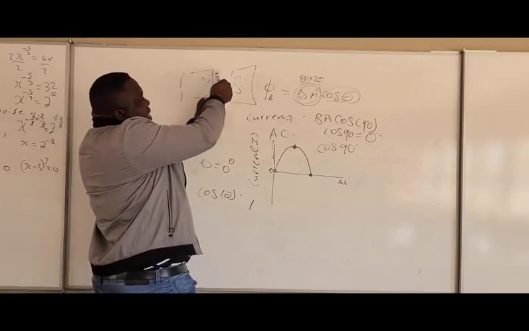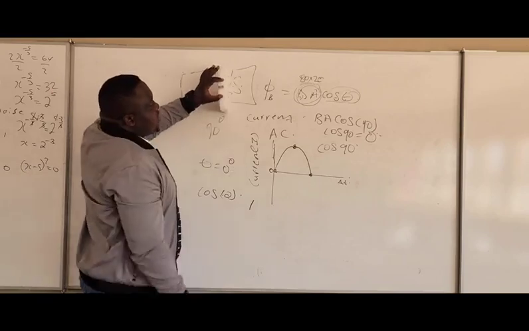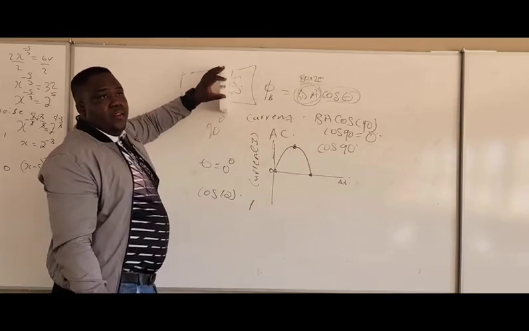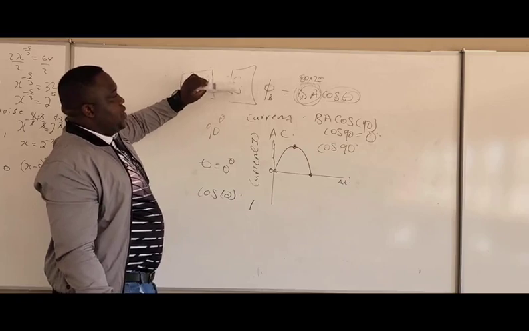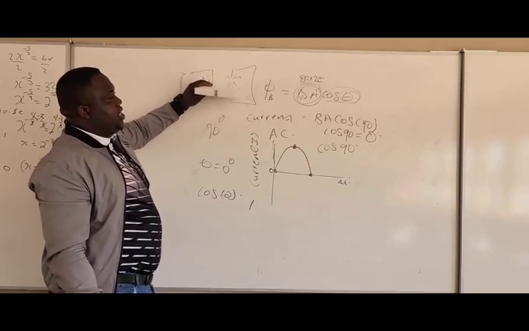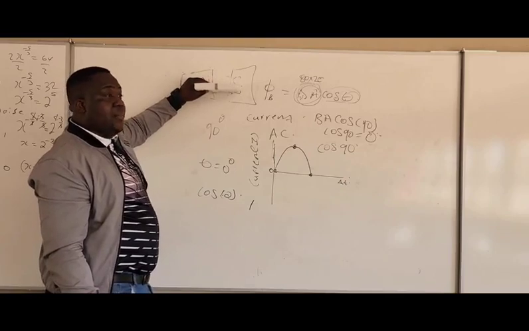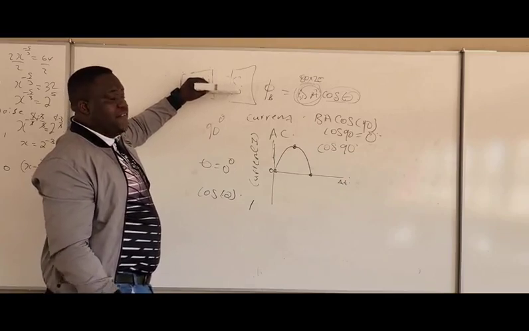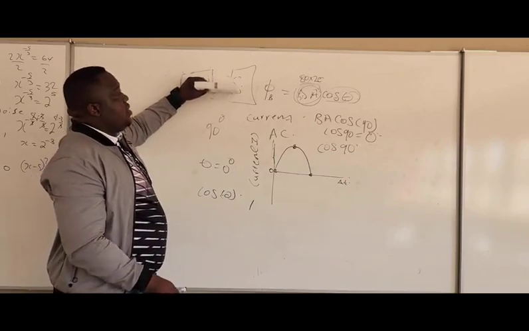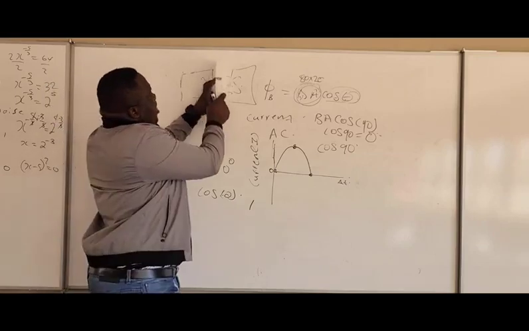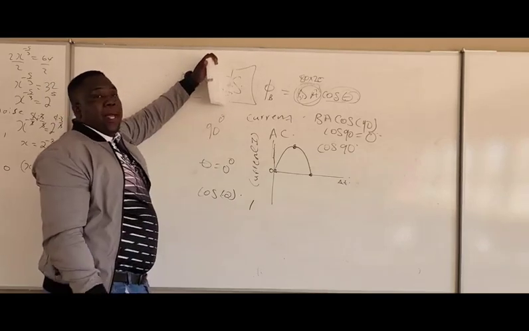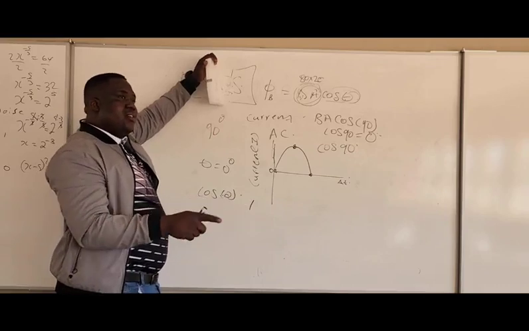Then what will happen? It turned again. Its initial position was like this, and the angle between the normal line and the magnetic field was 0. Then it became like this. The coil became perpendicular to the magnetic field line.